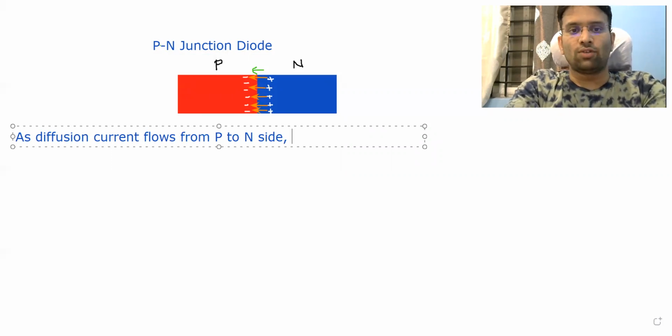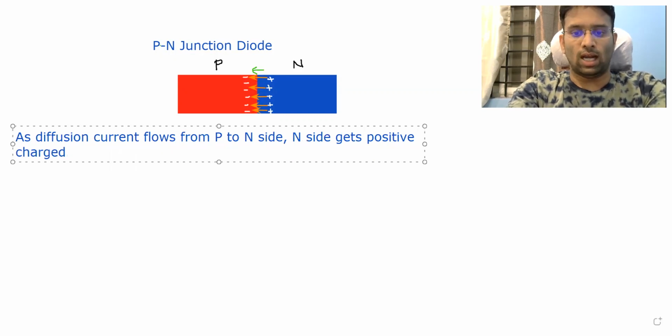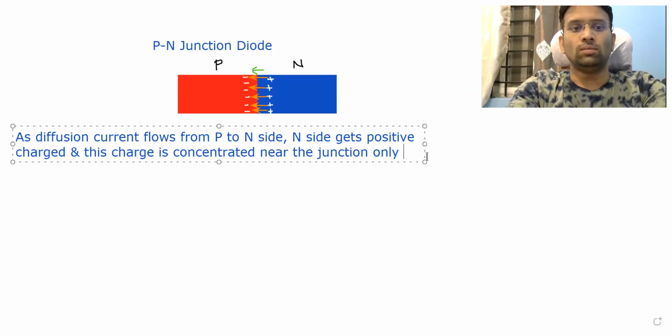Now, as the diffusion current flows from P to N side, N side gets positively charged, and this charge is concentrated near the junction only.